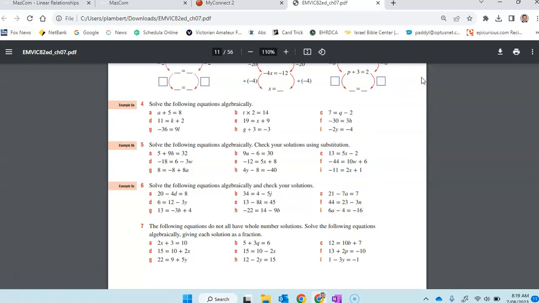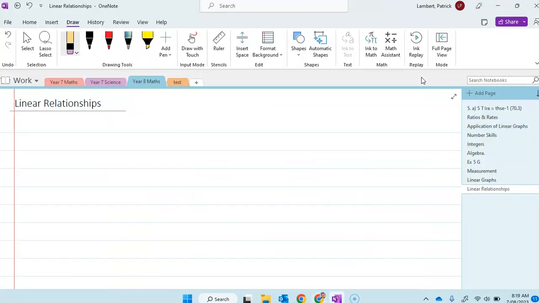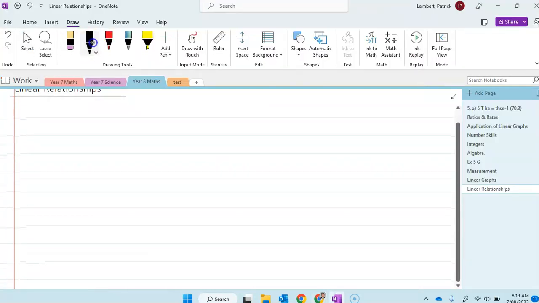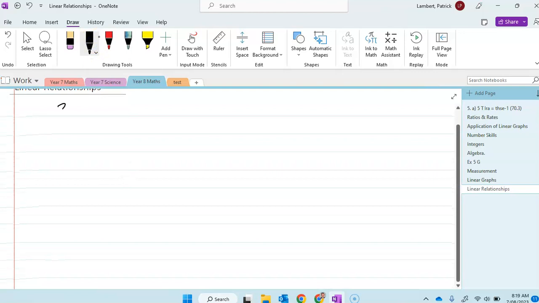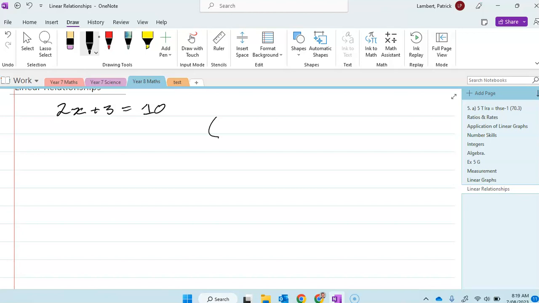So let's have a look at this. 2x plus 3 equals 10. Have a look at doing that one. So if we had 2x plus 3 equals 10, then we're just going to do the same to both sides. So in this instance, we've got plus 3, so we're going to minus 3 both sides. So we've got 2x plus 3 minus 3 equals 10 minus 3.